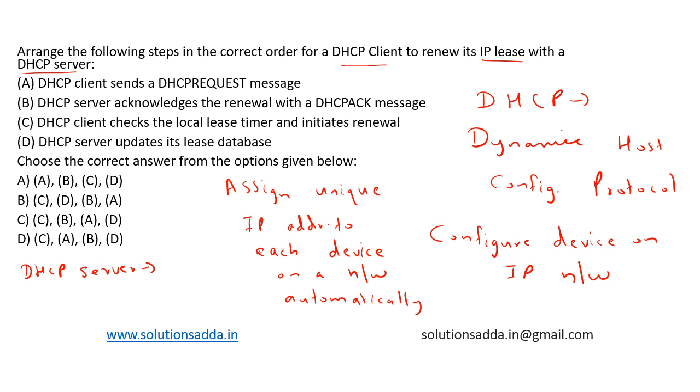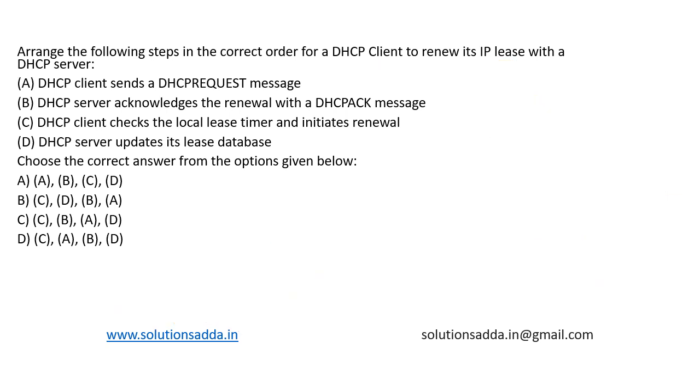So it manages IP pools, or it manages a pool of IP addresses, and assigns them to clients. That is one component. Another component is the DHCP client. It is the device that requests an IP address from the DHCP server.